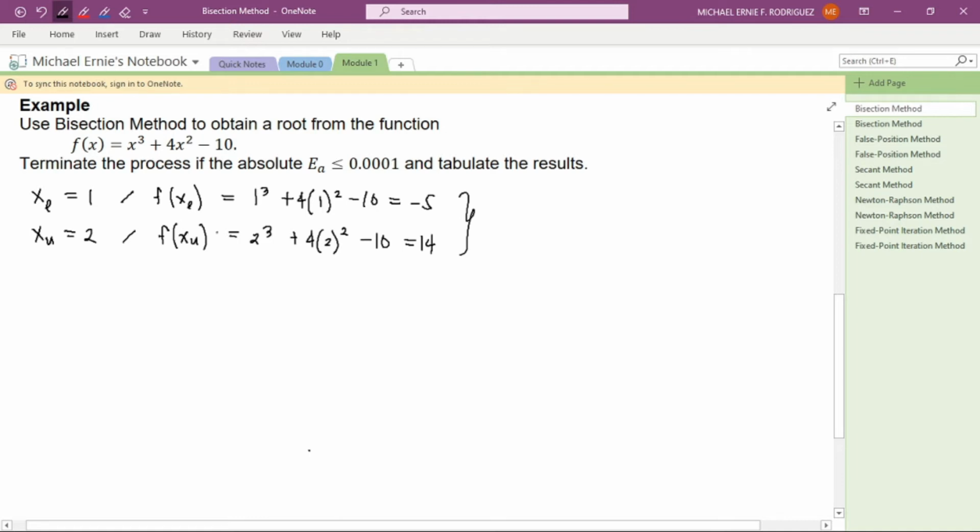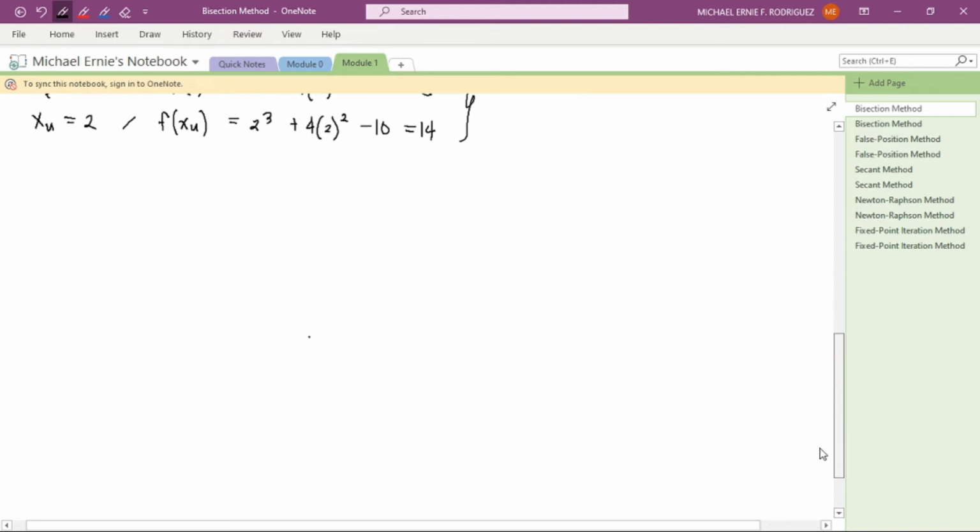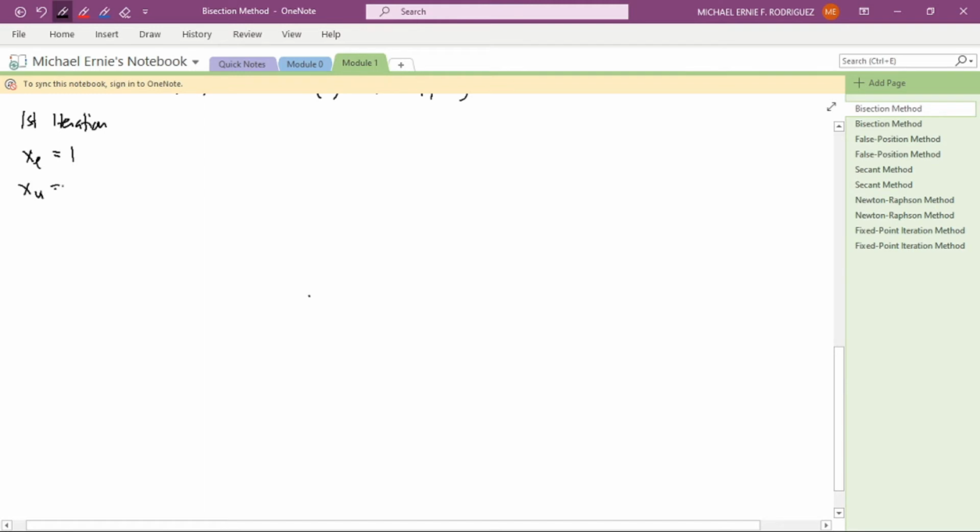So we can now use x sub l is equal to 1 and x sub u is equal to 2 as initial guesses. For the first iteration, we're going now to use x sub l is equal to 1 and x sub u is equal to 2. And then, as evaluated, f of x sub l is equal to negative 5 and f of x sub u is equal to 14. Evaluating for x sub r is equal to 1 plus 2 divided by 2 is equal to 1.5.